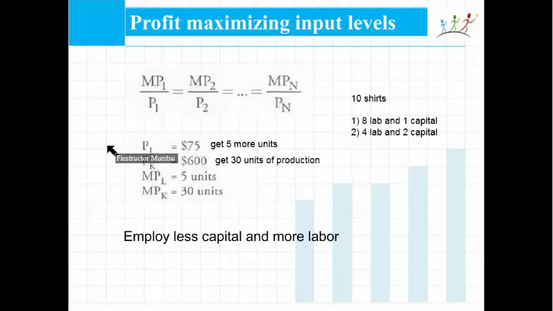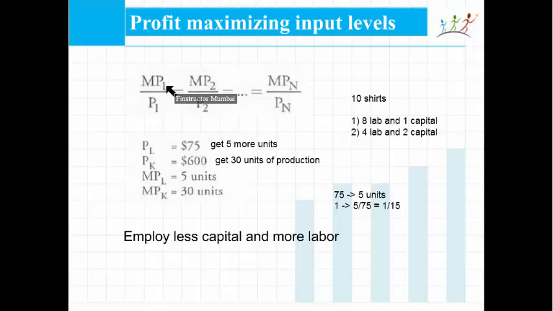Question is, for $1 spent on labor, how many more units are you getting? For $75, I'm getting 5 units. For $1, I will get 5 by 75 units. That is 1 by 15 units.